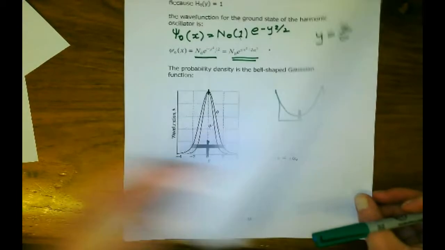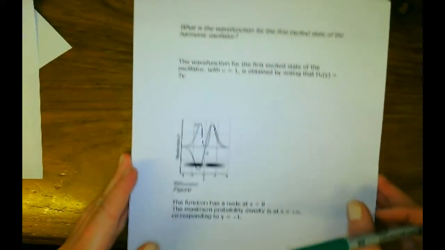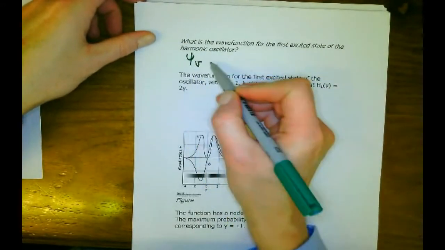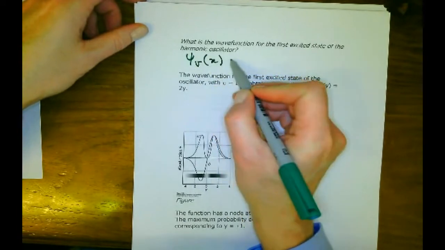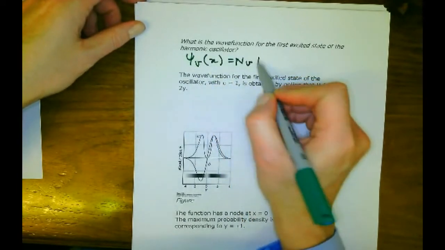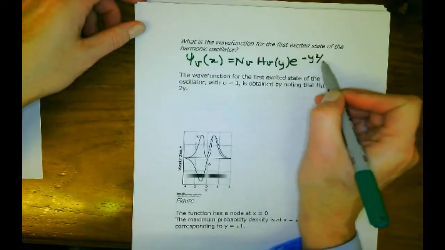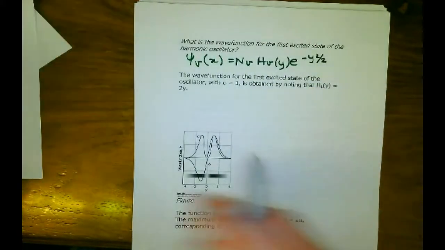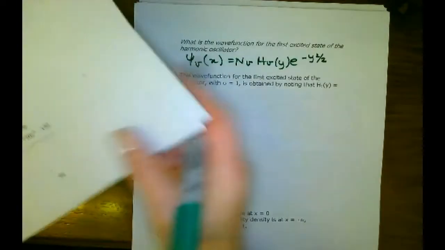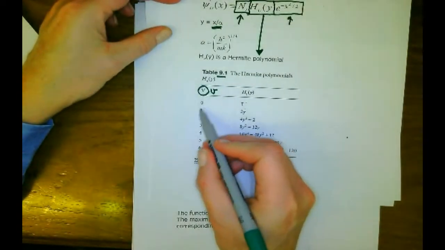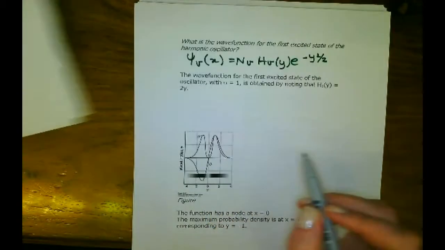What about the first excited state of the harmonic oscillator? Again, let's just write the general expression. Let's see what the Hermite polynomial is for the first excited state, 2y.